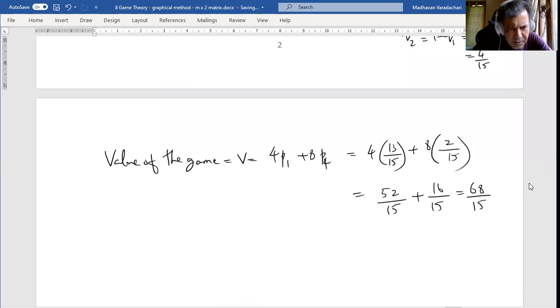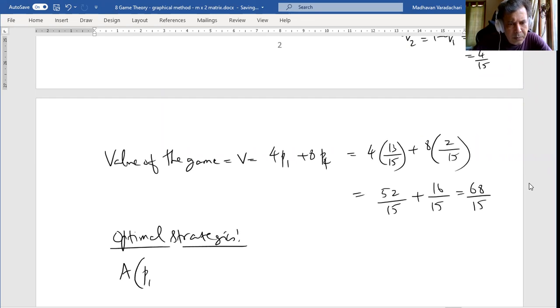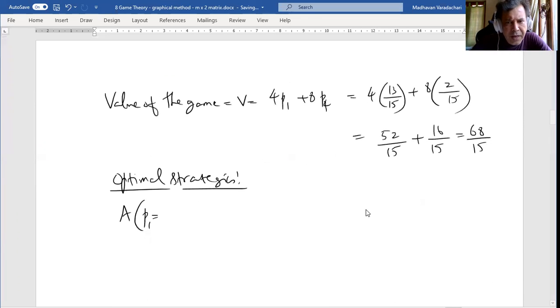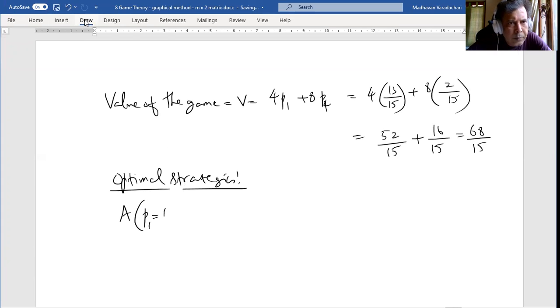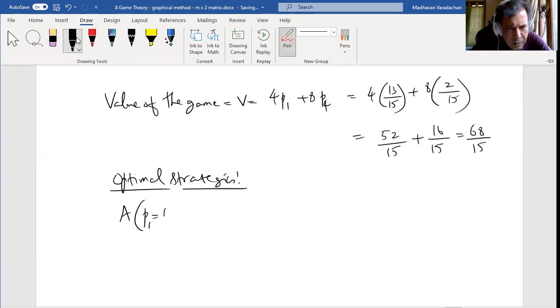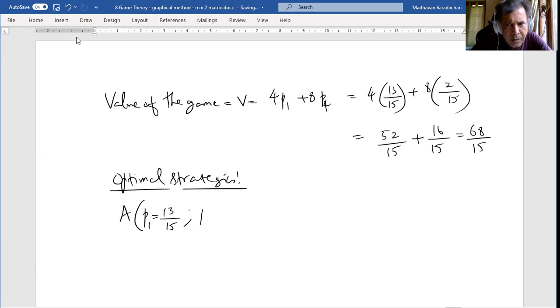So optimal strategies can be written as, for A, P1 equal to 13 by 15, P2 will be 0 and that will be the same as P3, P4 is 2 by 15.